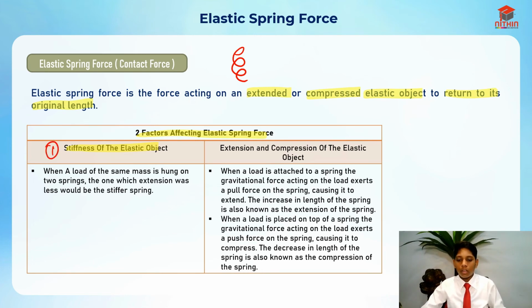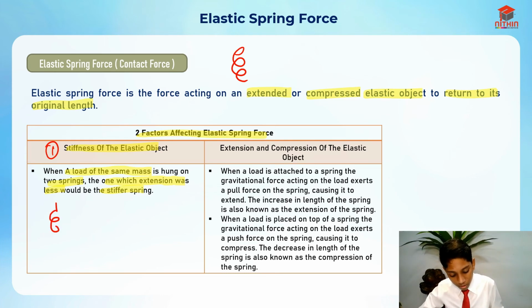So let's take a look at this. When a load of the same mass is hung on two springs, the one whose extension was less will be the stiffer spring. I've actually explained this in the energy for the springs. So basically it's the same thing.